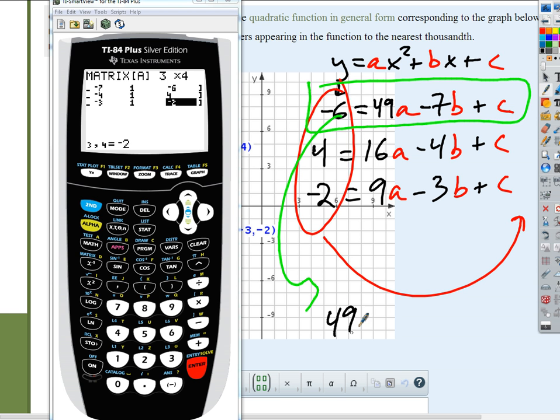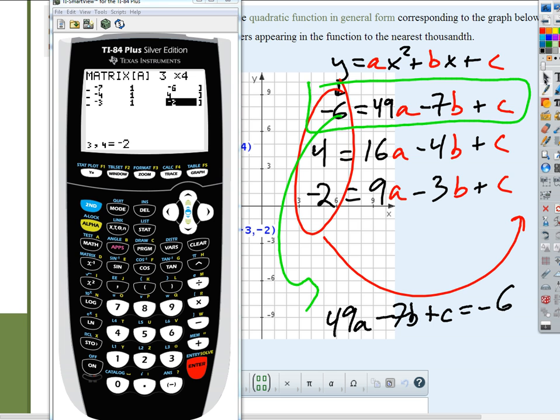So it's 49a minus 7b plus c equals minus 6. Remember that when we write linear equations in standard form, we just have to write the variable terms in alphabetical order equals the constant, okay?